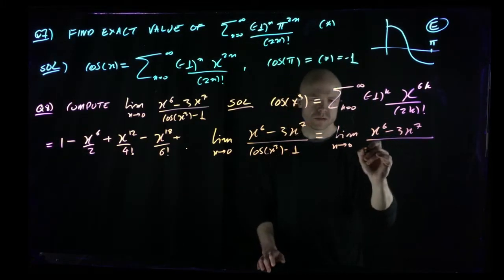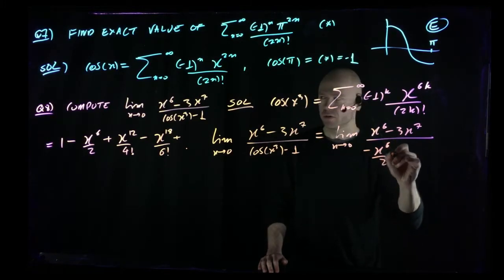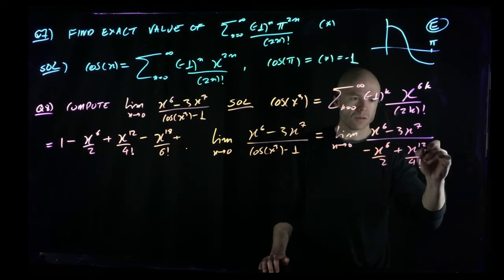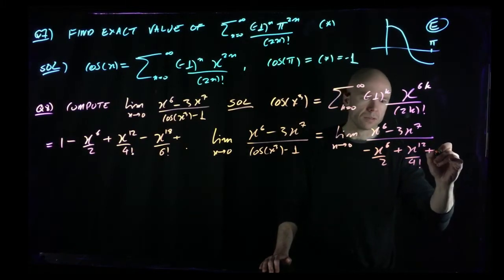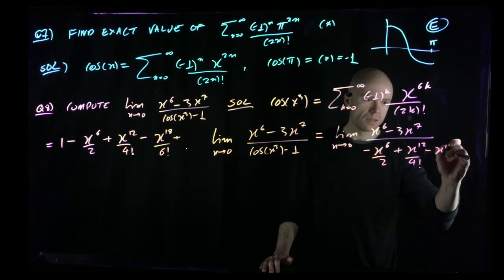Well, the 1s are going to cancel, so we're going to have minus x to the 6 over 2 plus x to the 12 over 4 factorial, and then a bunch of other things. Oops, this is minus x to the 18 over 6 factorial.